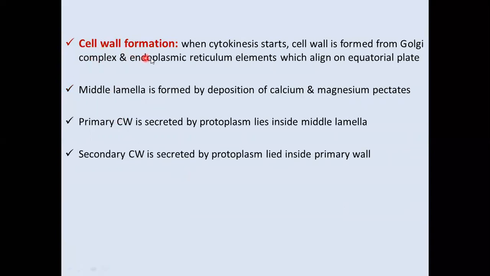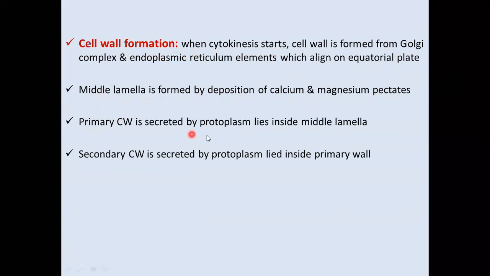Next is cell wall formation, that is, how the cell wall forms. When cytokinesis starts, the cell wall is formed from Golgi complex and endoplasmic reticulum elements which align on the equatorial plate, or the central position of the cell. Then the middle lamella is first formed by deposition of calcium and magnesium pectates.